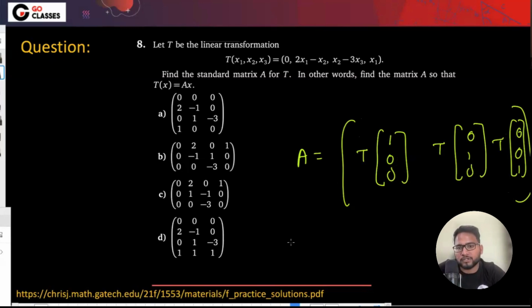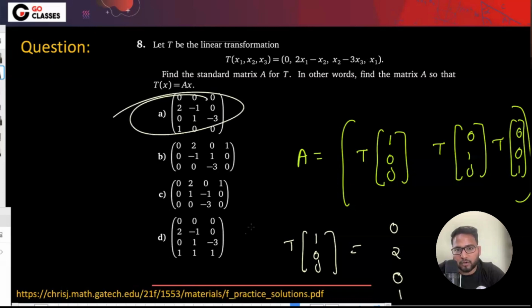Okay. What is T of 100? It is 0, and then it is 2 basically, and it is x1. Oh, sorry, it is 0, and then it is x1. X1 is 1. So 0 2 0 1. Either A is the answer or D is the answer, right? Okay.